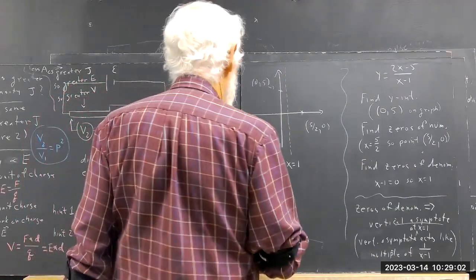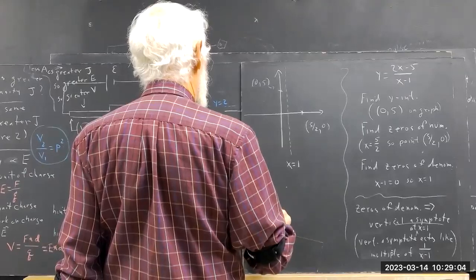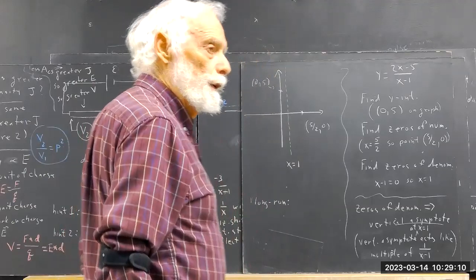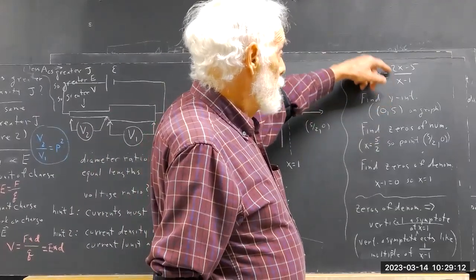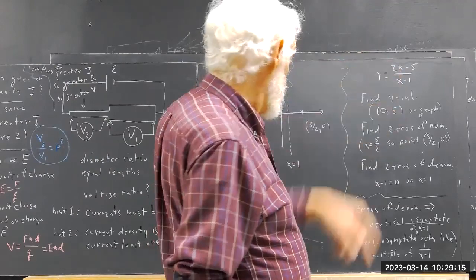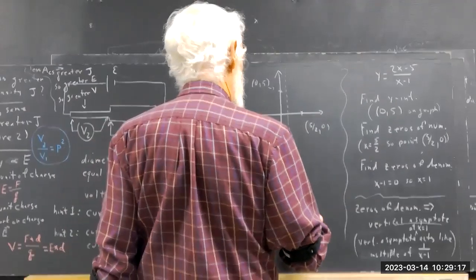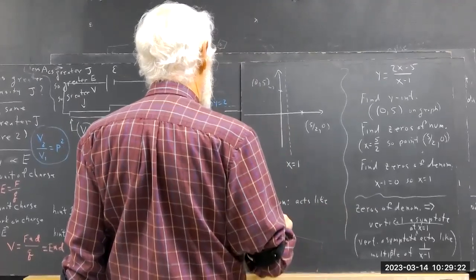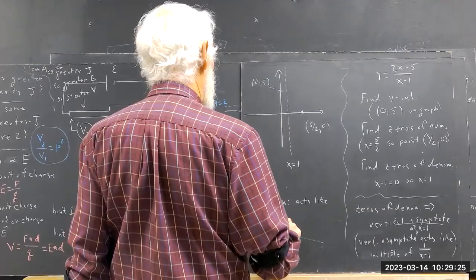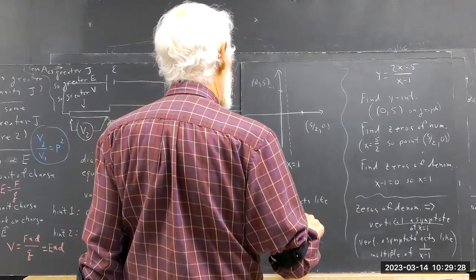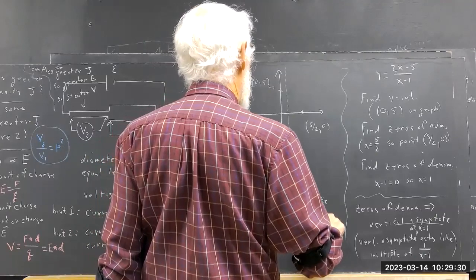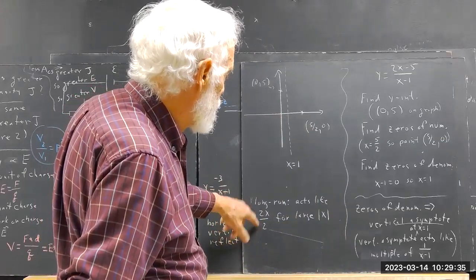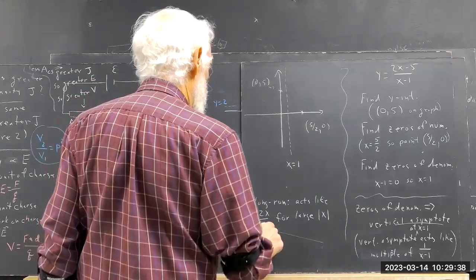Also, you can do the long division. You're going to get 2. For large values of x, it just acts like 2x over x, which is 2.